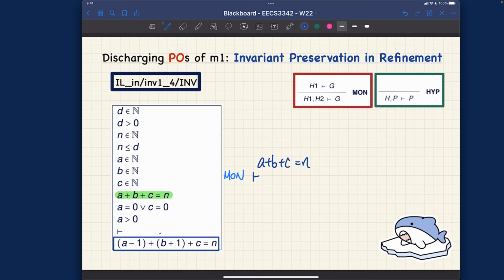So let's do one step at a time. This will be A minus 1 plus B plus 1 plus C equals N, after dropping all the irrelevant hypotheses. I'm pretty sure I can draw the box better. After this, what should we do?